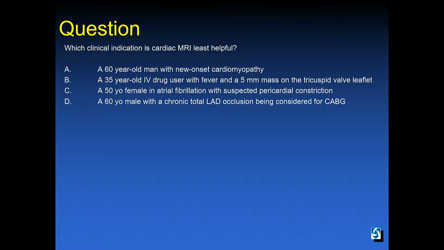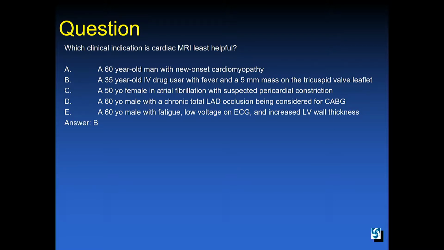And D, a 60-year-old man with chronic total LAD occlusion, where the question being asked is whether the myocardium is viable, whether he should be a candidate for bypass surgery. And E, a 60-year-old man with fatigue, low voltage on EKG, and increased LV wall thickness. So the answer is B, and I'll try to go into that.